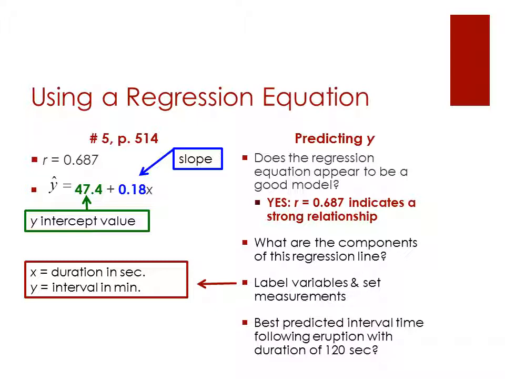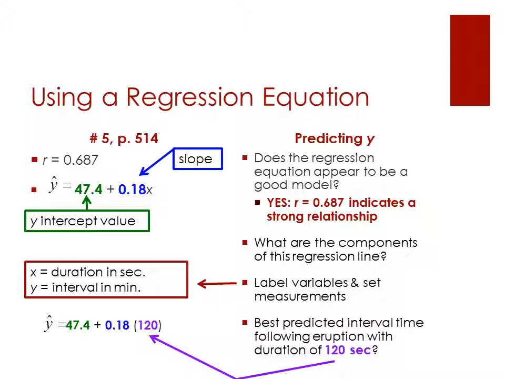So now we want to ask ourselves, what's the best predicted interval time following an eruption with a duration of 120 seconds? So we've timed this most recent eruption was 120 seconds, and we want to make a prediction. Somebody goes, how long do you think it's going to be before it erupts again? And you want to be able to give them an estimate. So in order to answer that question, since we've already decided this is a good regression model, we're going to take our 120 and plug it into our equation.